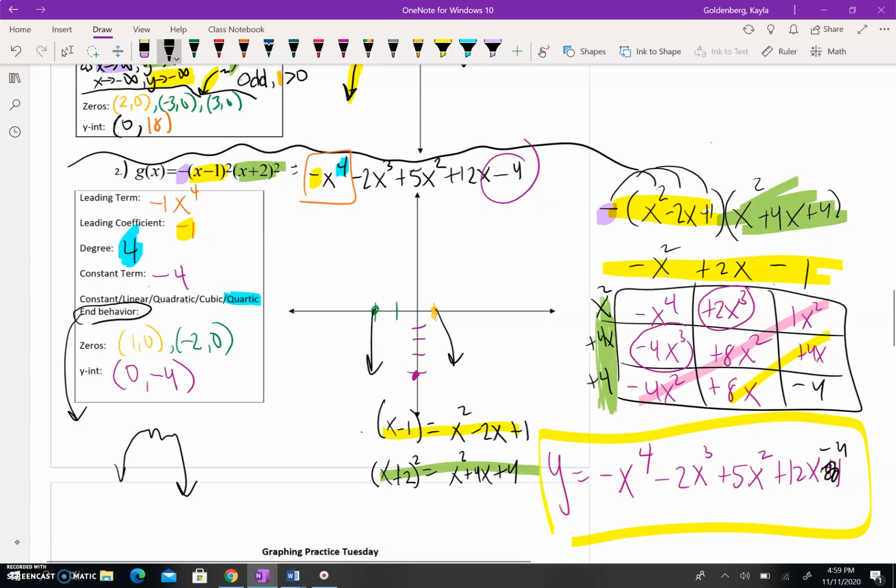Now here's one caveat. I'm just going to make this a little bit more curvy. Some of you might think, okay, I need to connect the dots in a way that makes sense, so I'm going to go through here. I've got to hit my y-intercept, and I come back here, so maybe like that, or maybe your last line might go up and down, something like that.